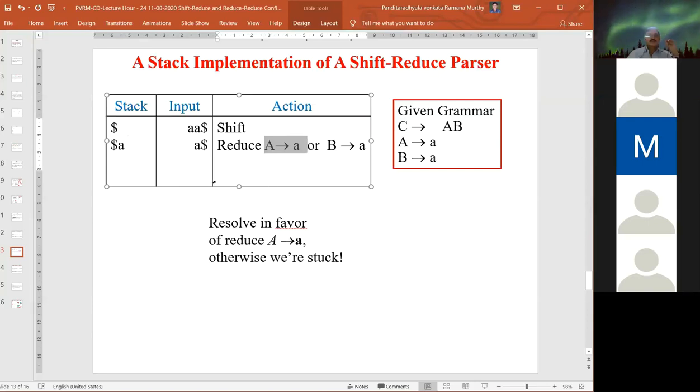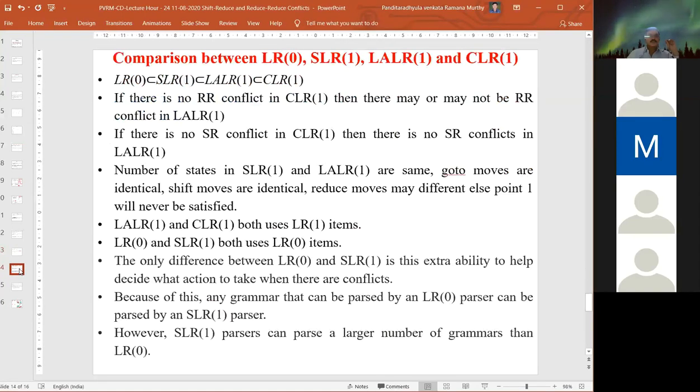This is called a conflict. When two or more operations are possible on the same input stream, it is called a conflict. Now, briefly, we identified a couple of points related to the comparison between LR0, LR1, LALR1, and CLR1.